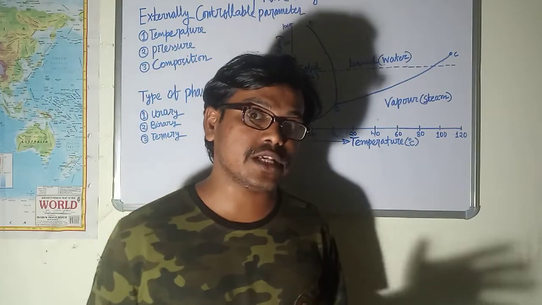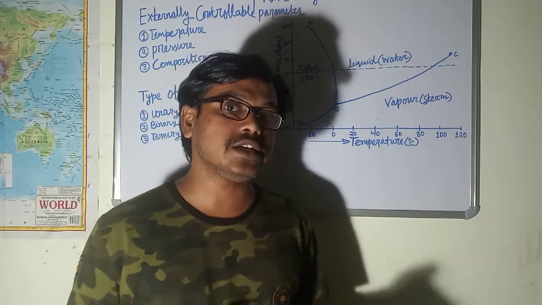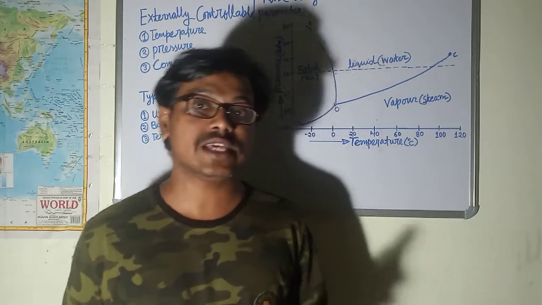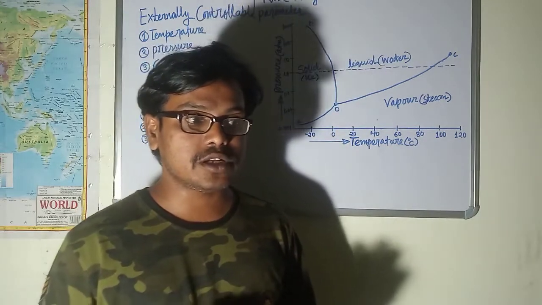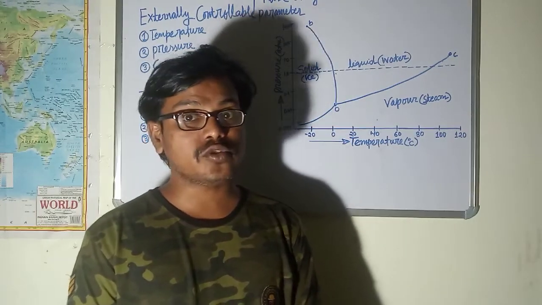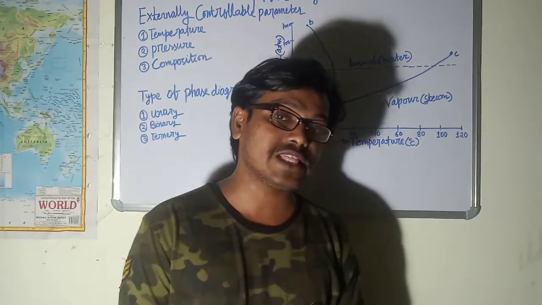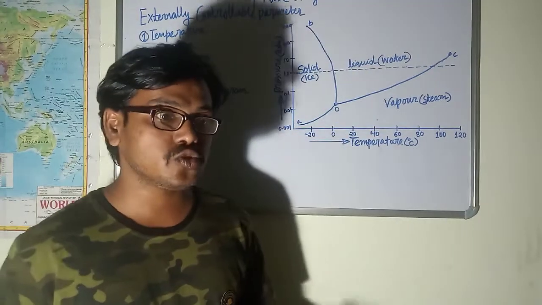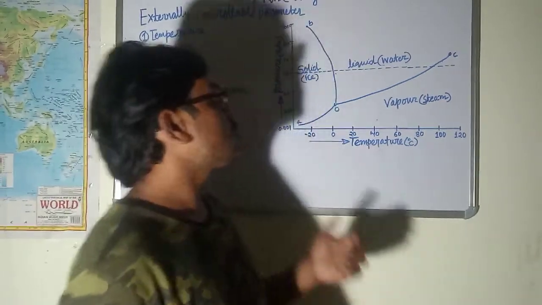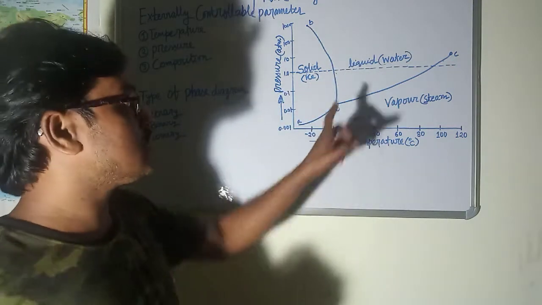But when the temperature reaches 0 degree Celsius, you will observe that the ice is taking heat, but the phase is not changing. It means that at constant temperature the heat is being taken by the molecules of water. That is known as the latent heat, the hidden heat. It is called hidden because it is not actually visible on the phase diagram. So you can see that this is the point where the latent heat of water is hidden.